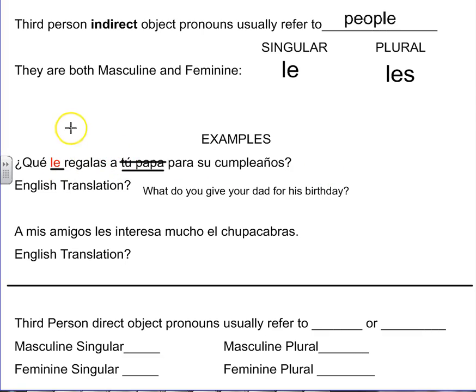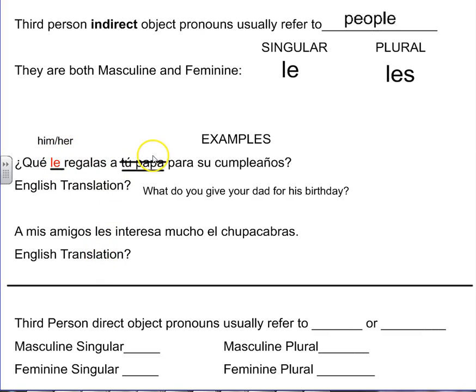And what it would mean was, what do you give him for his birthday? So the word le in Español can mean him, or the feminine form, her. And it says up here, they are both masculine and feminine. So the word le does not change for boy or for girl. Okay? So let's see that again one more time. Tu papá and le are referring to the same person.